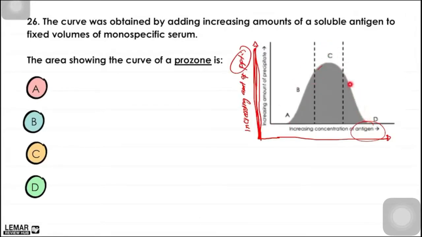There should be no precipitate, no interaction, so a false negative, or no precipitation should be observed. Here, the concentration of antigen is increasing. Is the antigen abundant? No, it is the antibody. While it is increasing here, you can see an effect of increasing precipitate. So this would indicate letter A as your prozone.